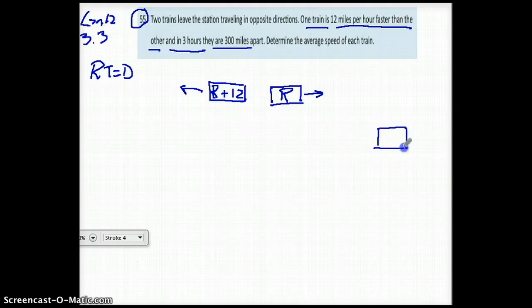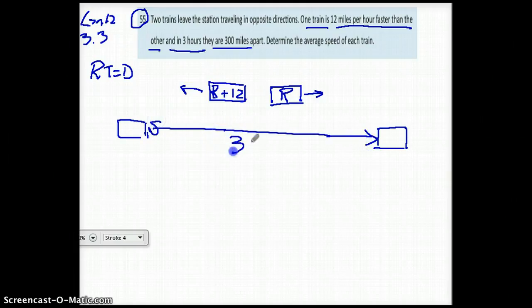Okay, so here we go. We have this train over here, and this train ends up over here. And how far apart are they? Well, according to the word problem, they're 300 miles apart. Now, the question says, determine the average speed of each train.